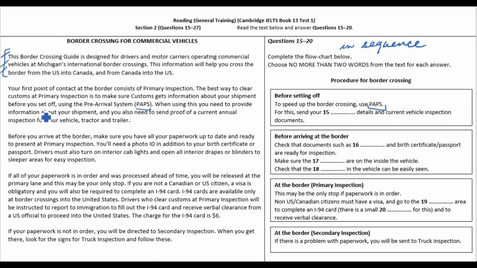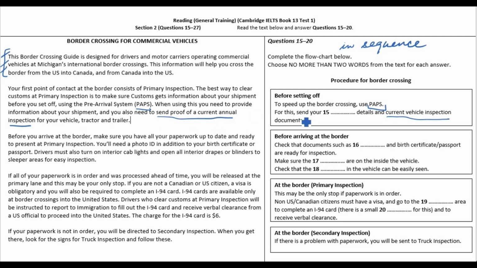When using this, you need to provide information about your shipment, and you also need to send proof of a current annual inspection of your vehicle. So this is the current vehicle inspection documents, and here it is, send proof of current annual inspection. So this information I have found. I'm expecting this answer to be between PAPS and this information now.